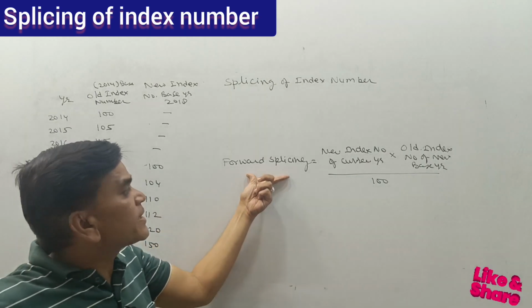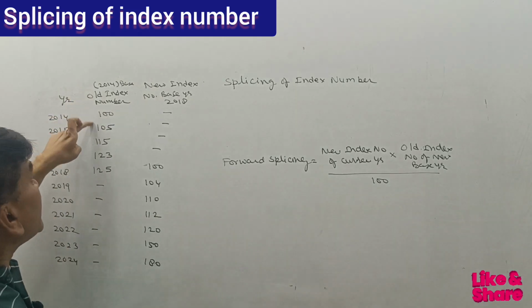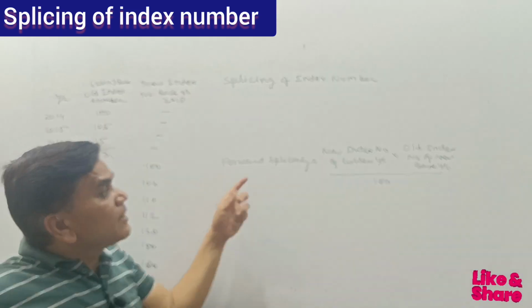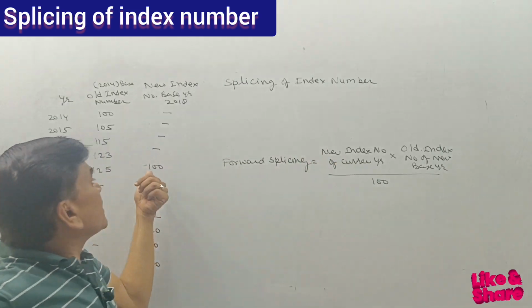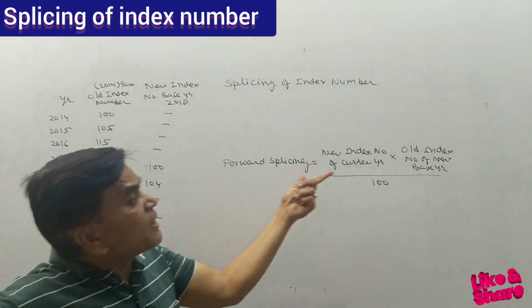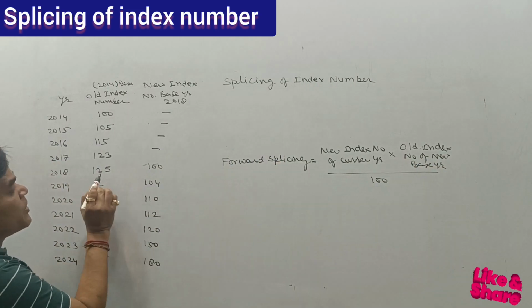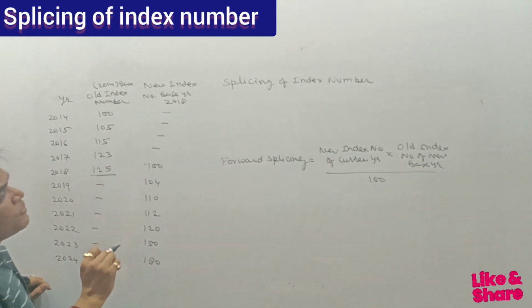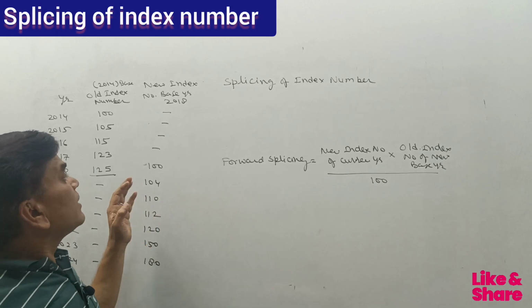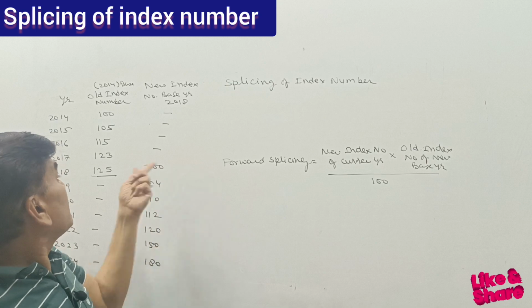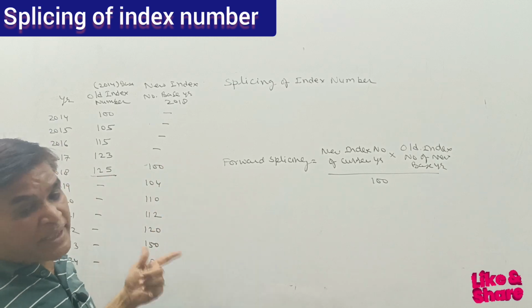For forward splicing, the new index number of the current year, that is 100, is multiplied by the old index number of the new base year. We have changed to the new base year. So for forward splicing, we take the base year 100, multiply by 125, divided by 100.